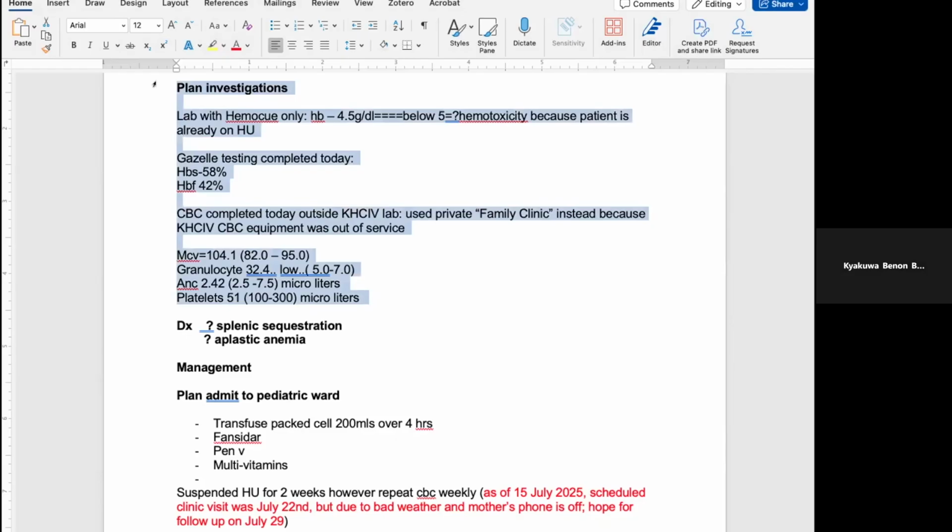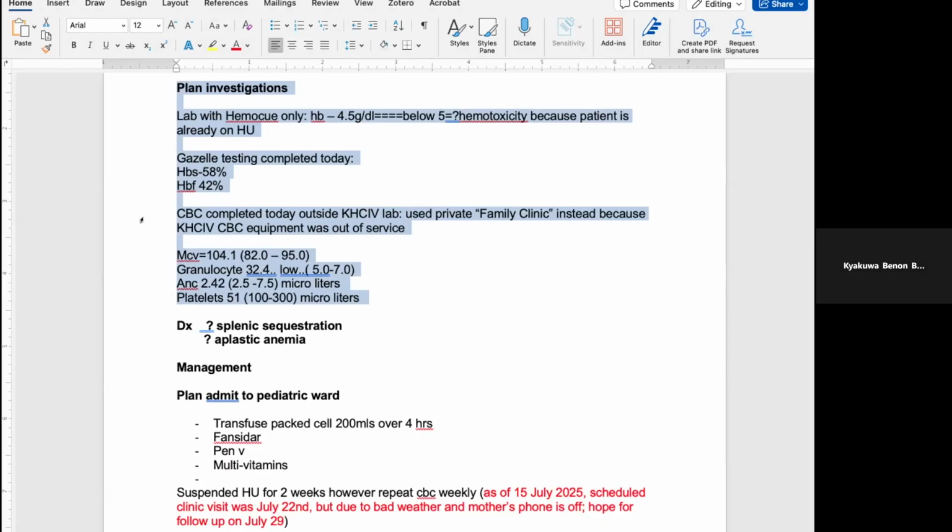On the investigation, we did a CBC. First, we started with the hemoglobin. Our CBC was down, showing 4.5 grams per deciliter, and we are seeing hematological toxicity.